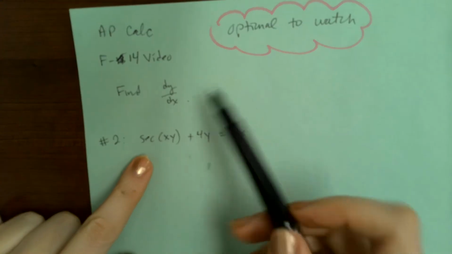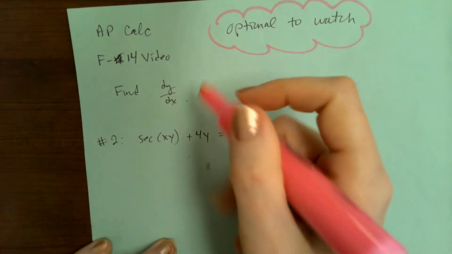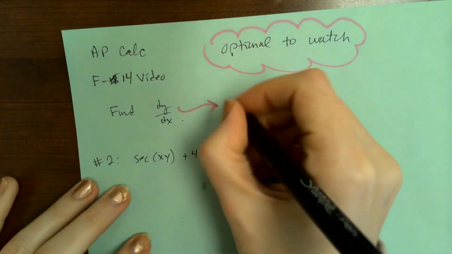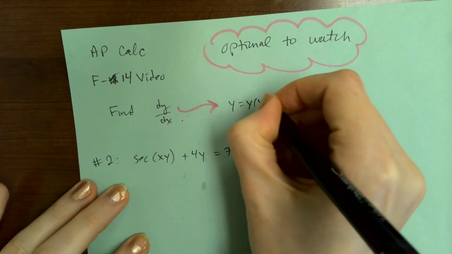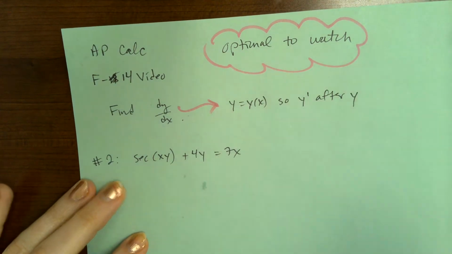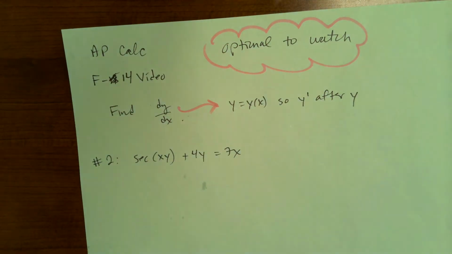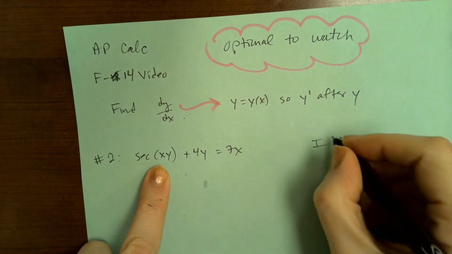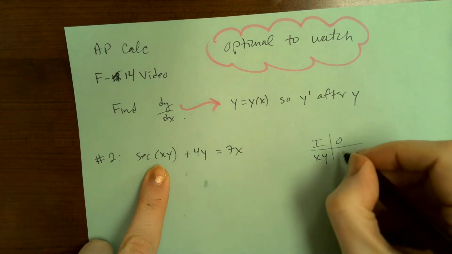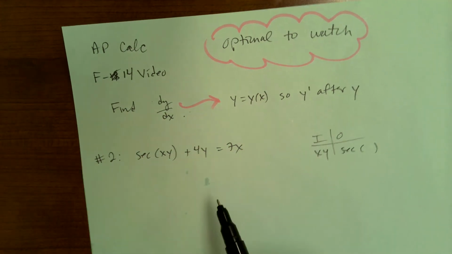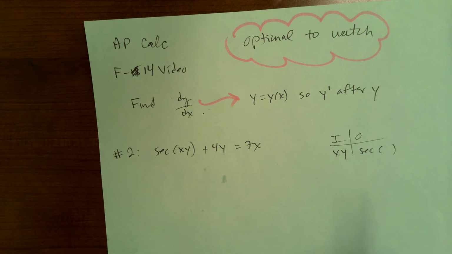Since they're asking for dy dx, they are implying that y is equal to y of x, so we need a y prime after a y derivative. Okay, so I need the derivative of the secant part. I'm going to need chain rule because xy is inside.